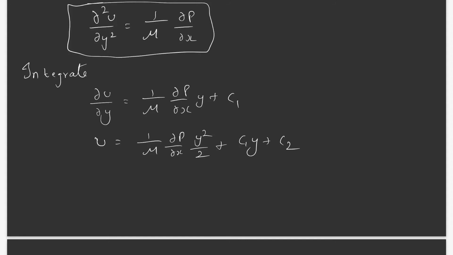Since ∂p/∂x is only in the x direction, there is no change in the y direction, whereas velocity changes in the y direction. See, in pipe also we dealt with the same thing.